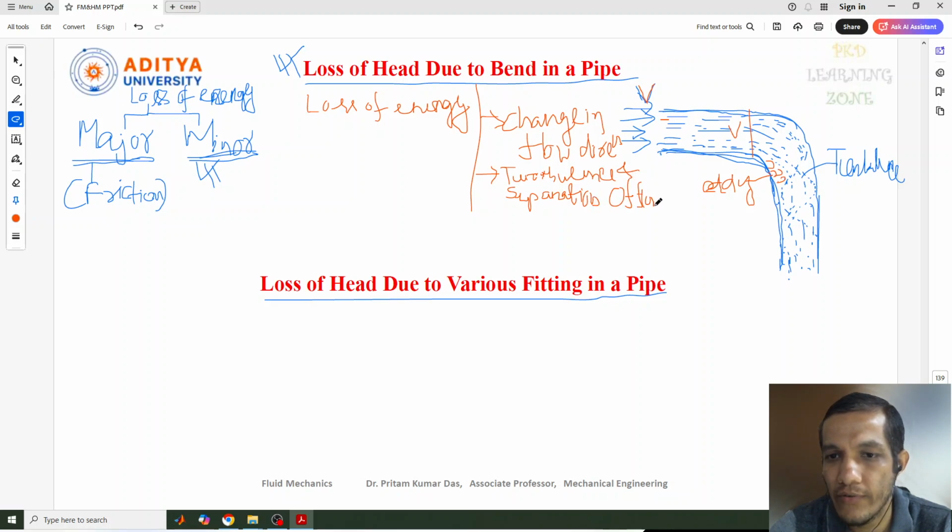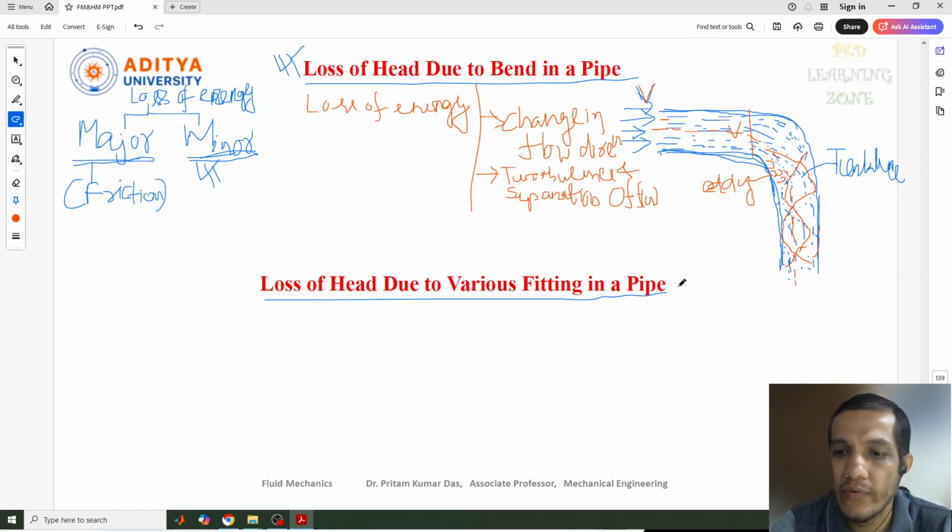So we can see from this point, suppose I draw a center line, this is the central line or center axis of this pipe or the fluid. Now how the fluid changed its direction, it's coming like this. So here also it is coming like this. After that, sometimes it will be as usual, normal flow.